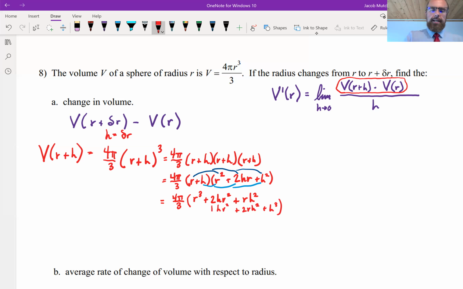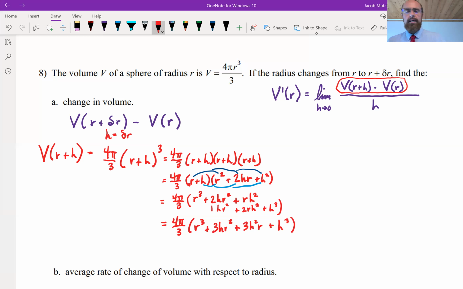So now I'm ready to add this all up. So this is 4 pi over 3 times r cubed plus 3hr squared. And I'm going to reverse r and h squared here since h squared really is a constant. So that's 1rh squared plus 2rh squared, that's 3. And again, I'll call that h squared r. And lastly, plus h cubed.